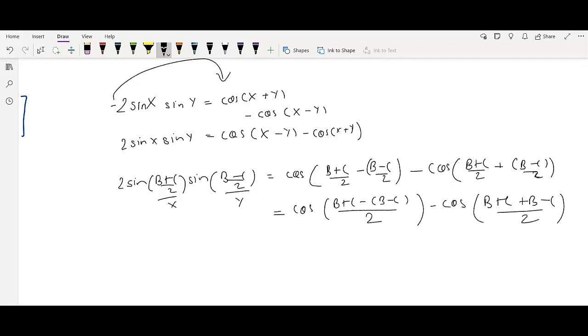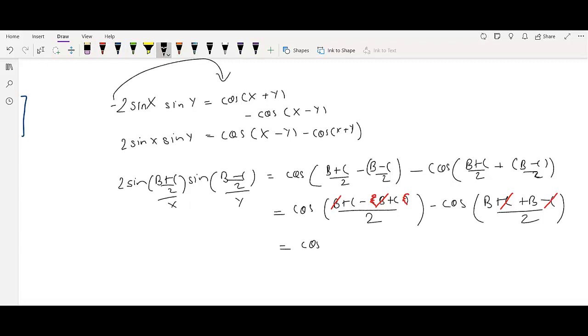Now opening these brackets, the positive b becomes the negative b and the negative c becomes a positive c. The positive b cancels out with the negative b, and on this side the positive c cancels out with the negative c.